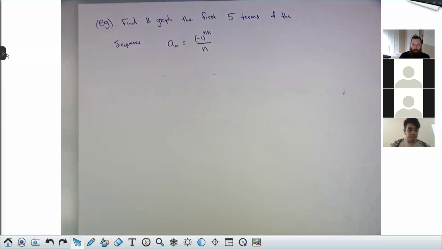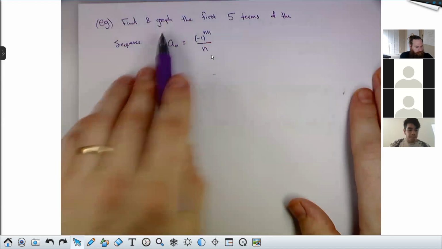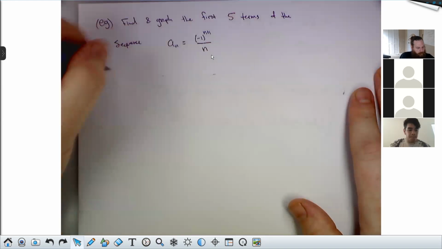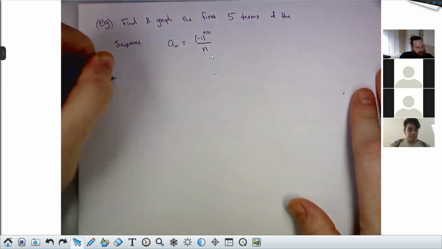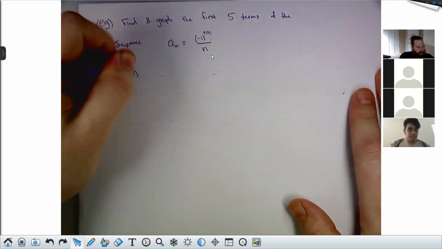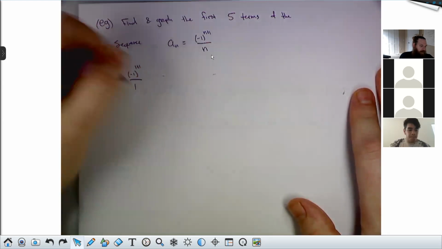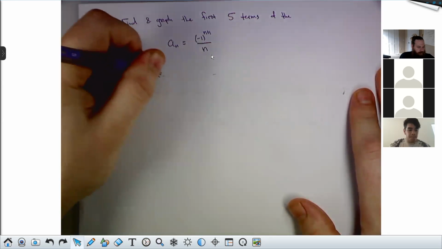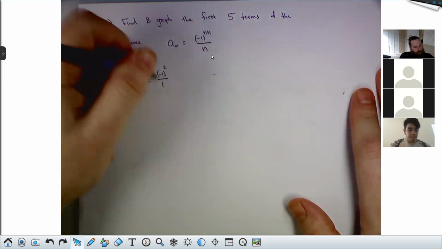This is interesting. We've got a kind of weird looking formula here with a power of -1, and then downstairs there's an n. Well, if I need to find the first 5 terms, I'll worry about the graph later. A1 is what I get when I plug in n equals 1. So that's (-1) raised to the 1 plus 1, over 1. That's (-1) squared over 1.